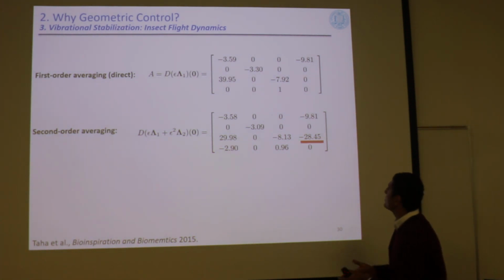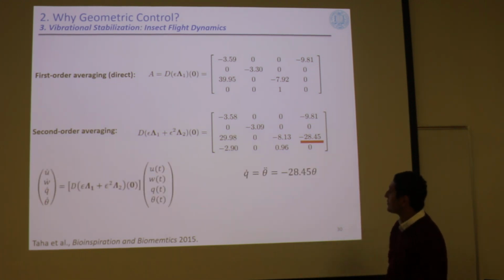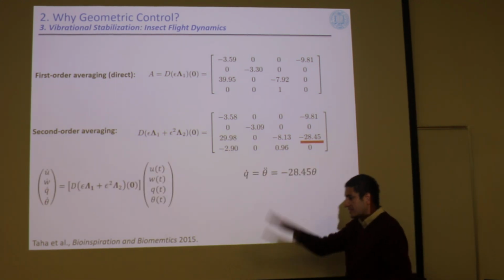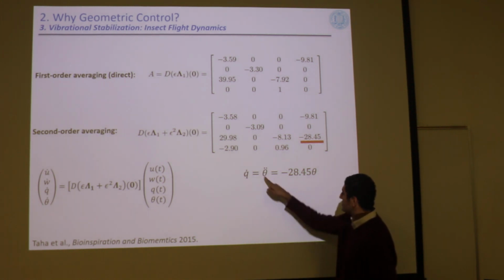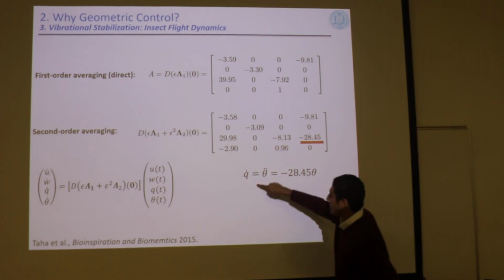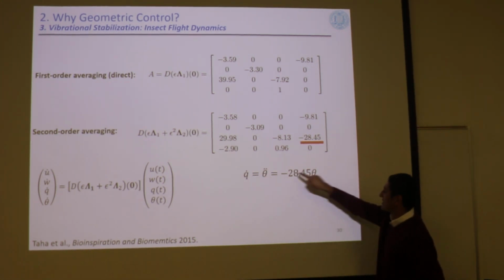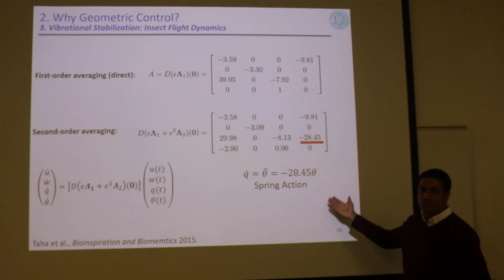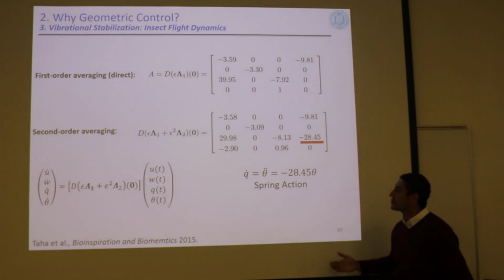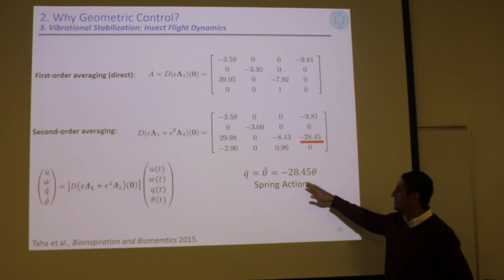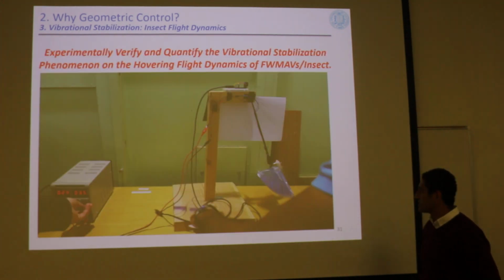Here is the extra term that was not there, and when you interpret it, it reads as follows. Theta, the pitching angle of the insect, if you multiply by I, the torque is negative K theta. This is indeed the spring action. So we have also observed the same phenomenon with insects.